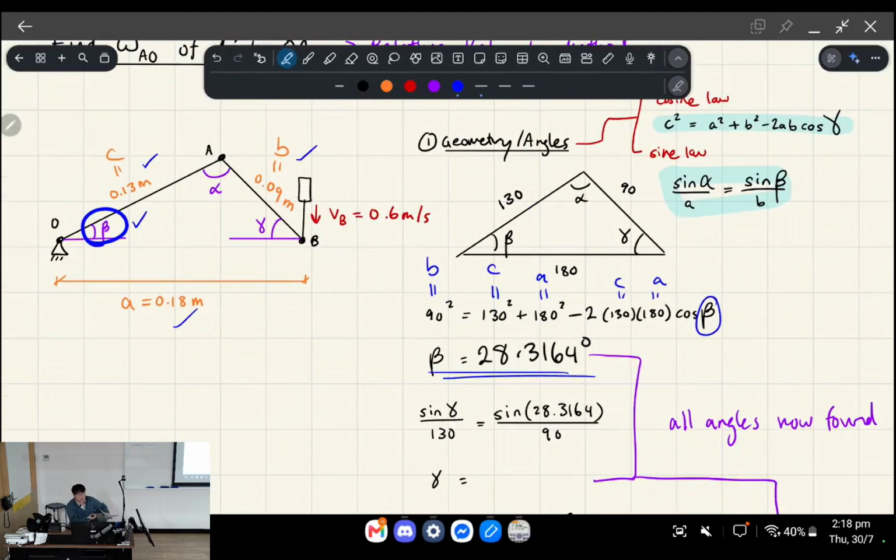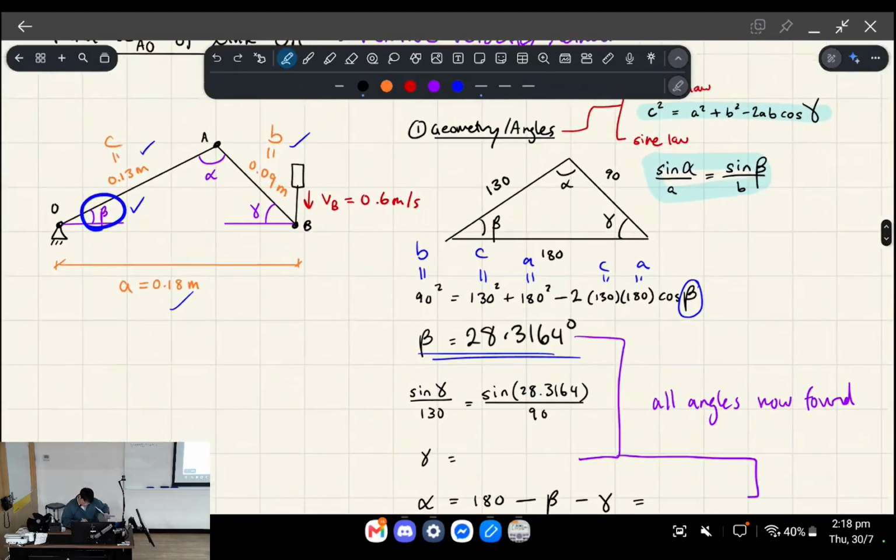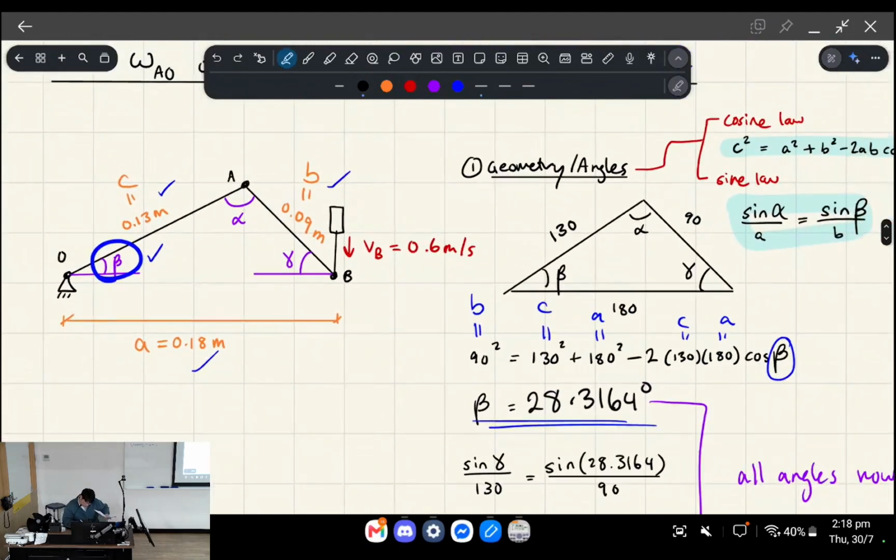It's up to you whether you want to reapply cosine law for a different angle, or use sine law. I choose to use sine law simply because it's shorter. So here I'm comparing C with B, and the associated angles beta and gamma.